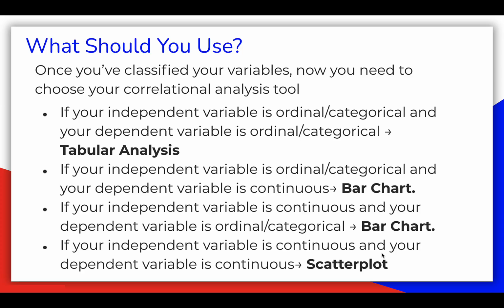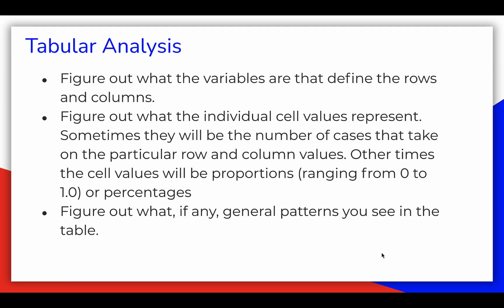So let me show you examples of each of these. For tabular analyses, there are 3 steps that you're going to need to follow. The first is that you need to figure out what the variables are that define the rows and columns. Preferably, you would have your rows as your dependent variable and your columns as your independent variables.